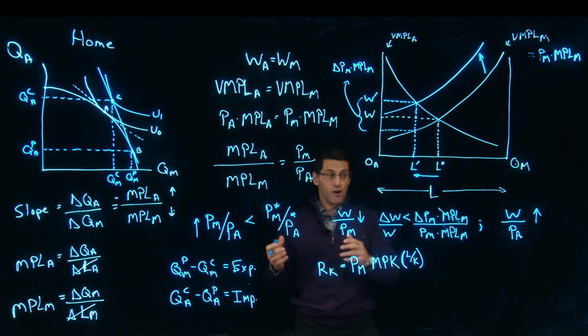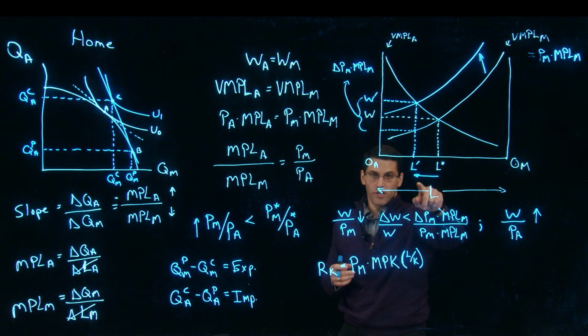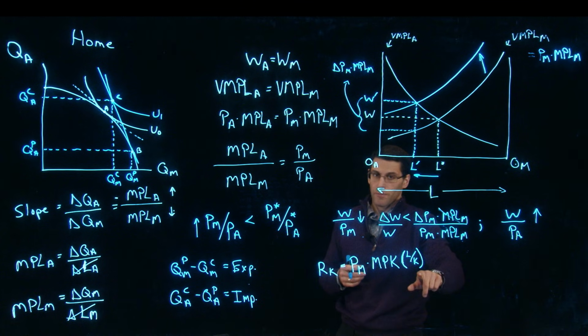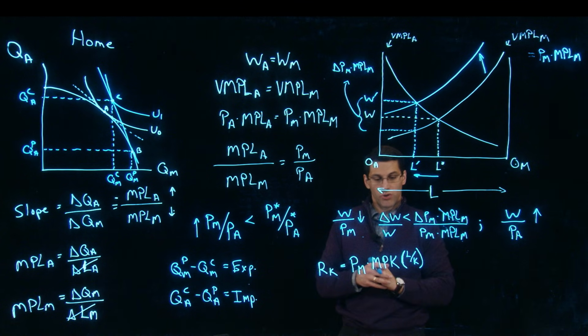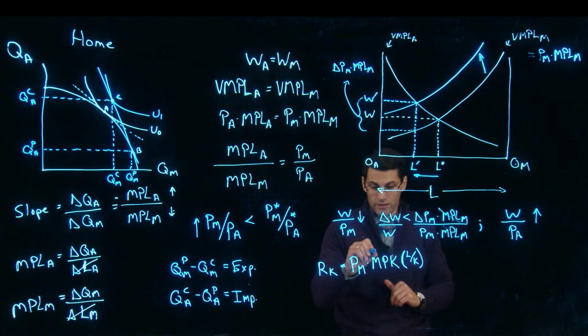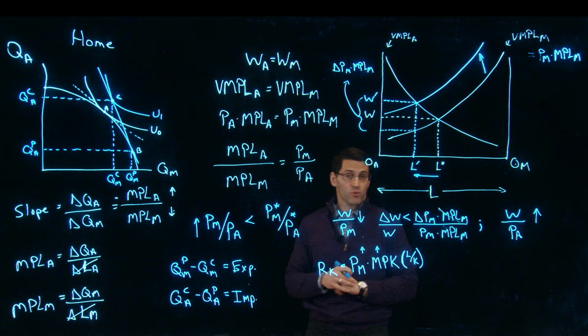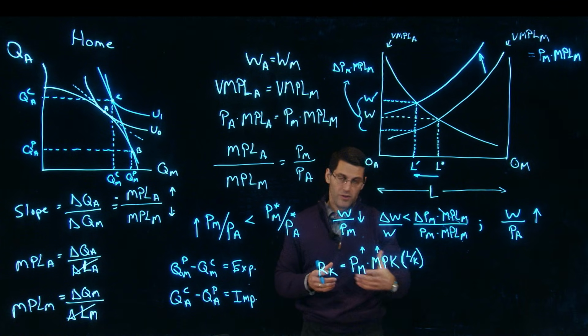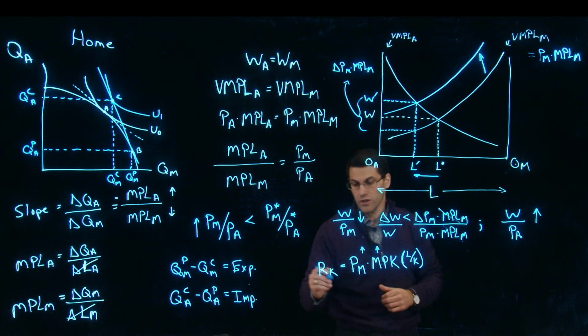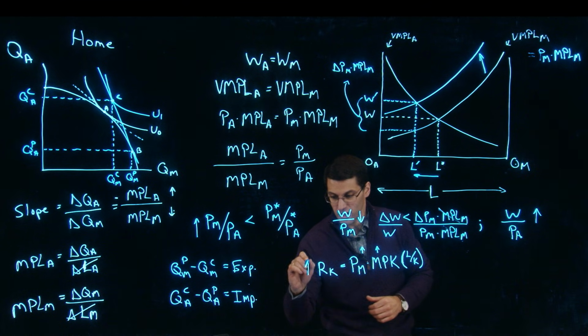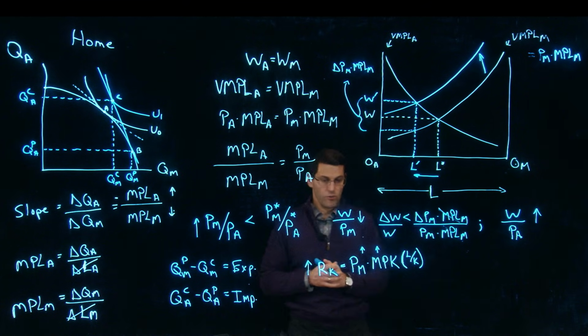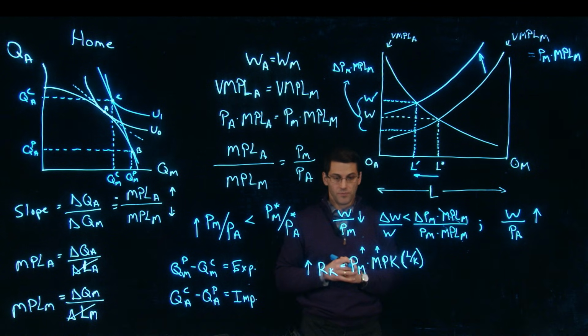As workers are going into manufacturing and we have a fixed supply of capital, that labor to capital ratio is going up, which means that the marginal product of capital is going up. So the price of manufactured goods increases when we open up the trade. The marginal product of capital, as a result, increases as workers enter the manufacturing sector, which means that the rental rate on capital increases.